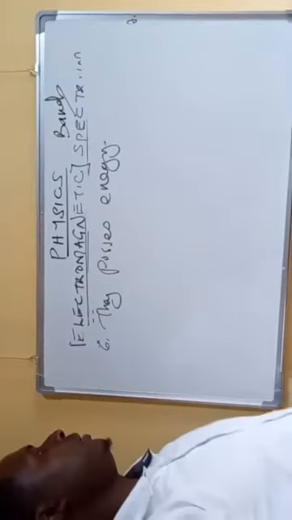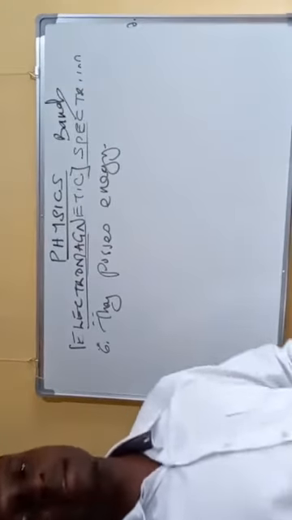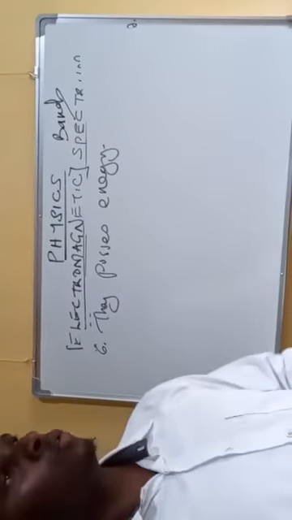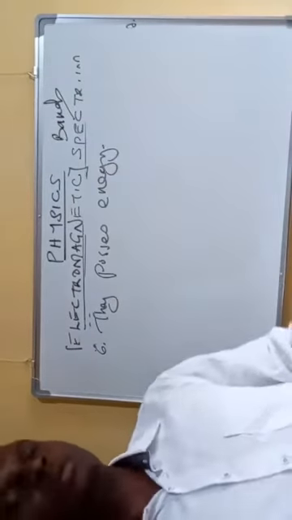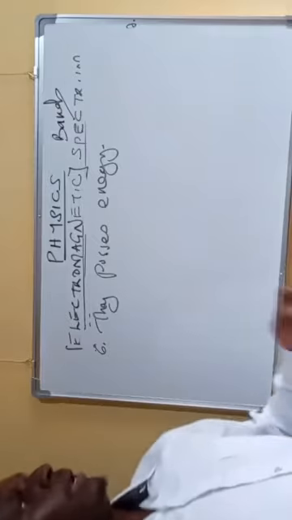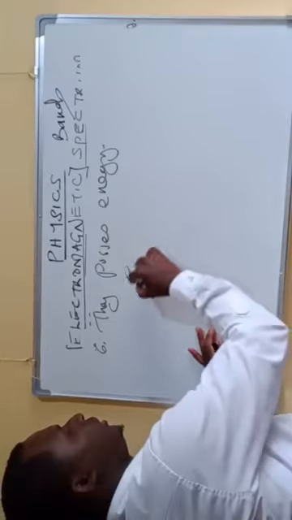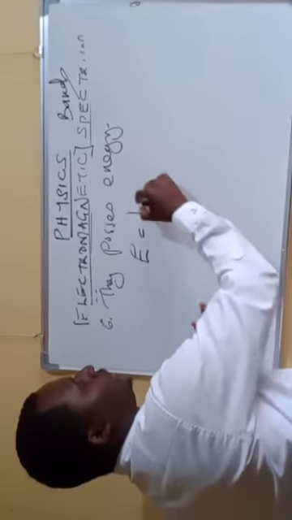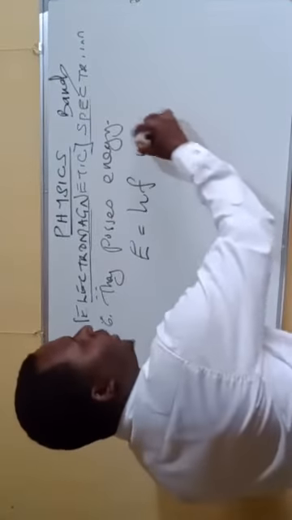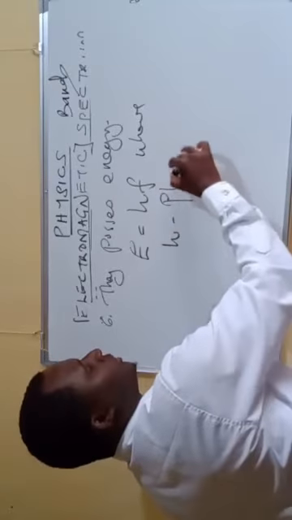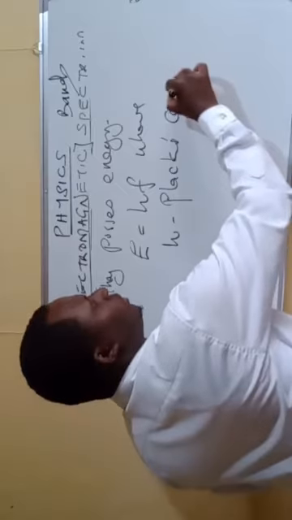Now, we say that light is a form of energy that enables the eye to see. So all of them possess energy, and we call light a form of energy. The energy in a wave is usually given by an equation: E is equal to hf, where h is Planck's constant.